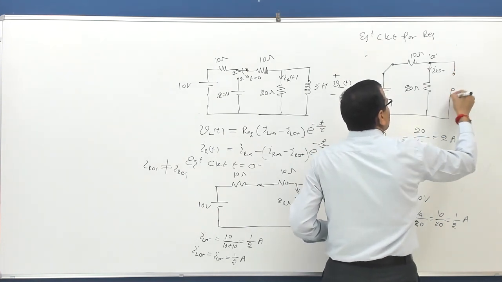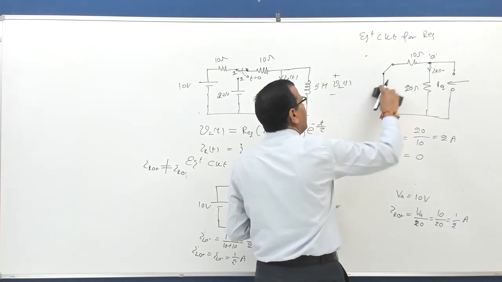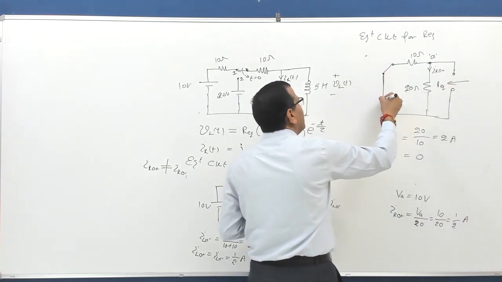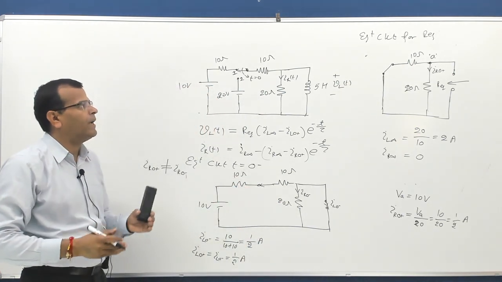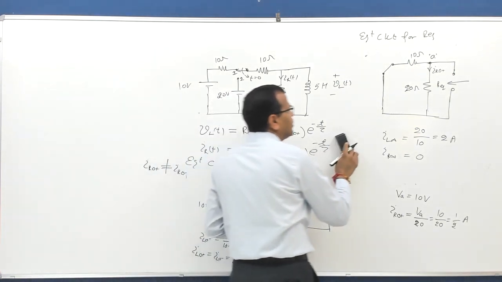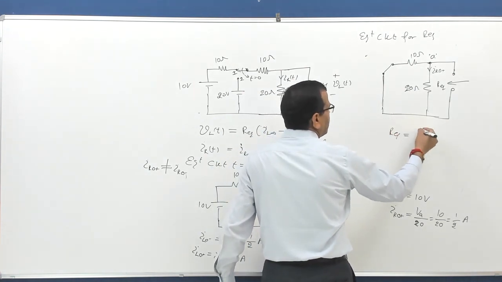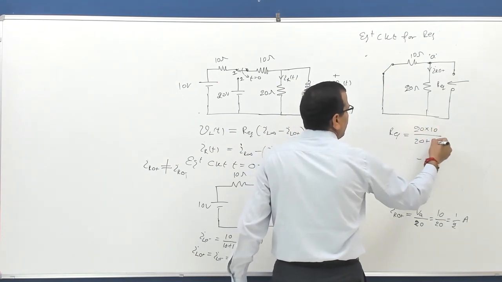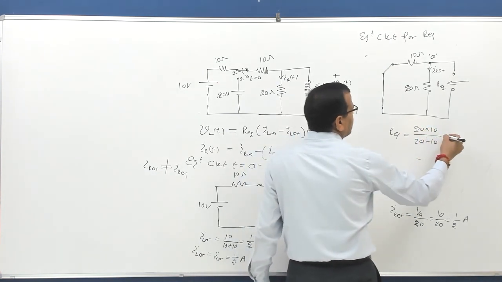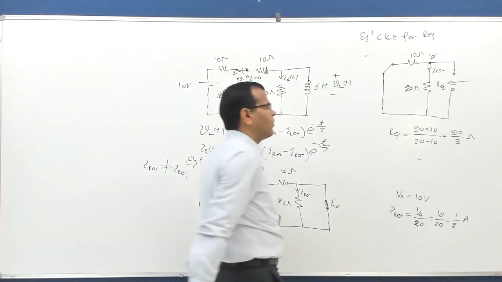You open the terminals, see the resistance here, that is R equivalent, and remember for calculating R equivalent, replace the independent voltage source by the short circuit. So the R equivalent here will be equal to the parallel combination of 20 ohm and 10 ohm. So I hope it is clear. So this will be 20 by 3 ohm.